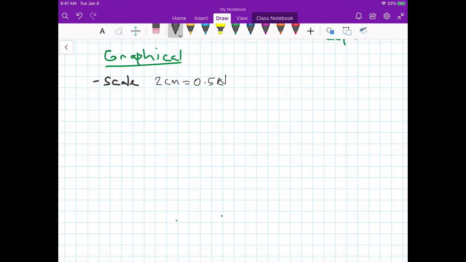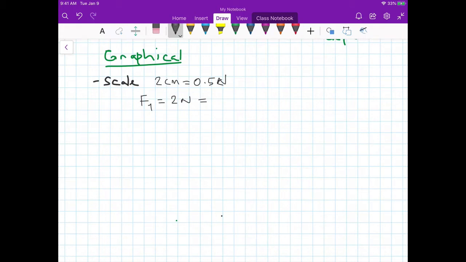This shows what every centimeter means. So force 1, which is 2 Newton, is going to be equal to how many centimeters?